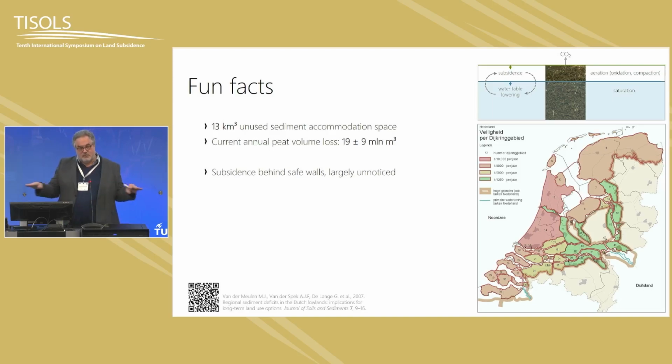Above the managed groundwater table, peat will rot away, you get a volume decrease, and this produces subsidence. So subsidence behind very safe walls, and it goes largely unnoticed. We notice as a community, but we've been using the Dutch lowlands as if nothing is happening. Crossing this line that Gilles just showed, we moved from elevations above to elevations way below sea level.